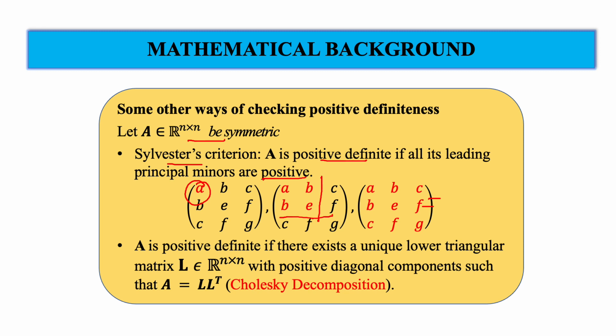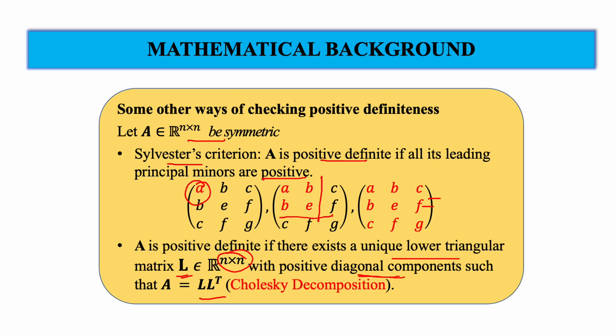There is another important criterion which says that if there exists a unique lower triangular matrix L, which is again of size n by n, such that it has all positive diagonal components, and A equals L L transpose, then A is said to be positive definite.